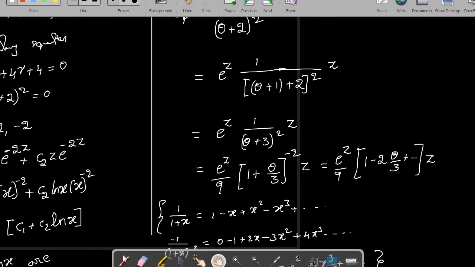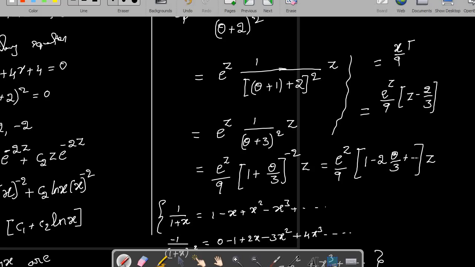Moving upside, this equals e^z by 9 times z minus 2 by 3, since the derivative of z is 1. Converting in terms of x, e^z is x, so x by 9, and z is ln x, therefore ln x minus 2 by 3. So this is the particular integral.